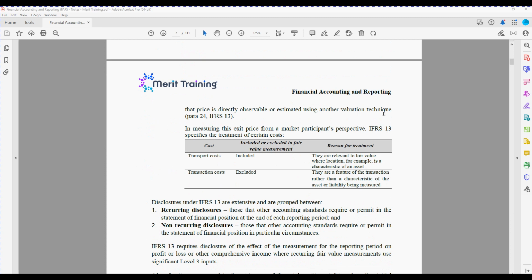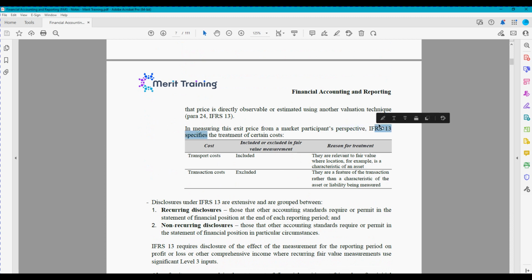Another thing to note is that when you actually measure this exit price, IFRS 13 specifies how to treat certain transaction costs. Transport costs is one example.